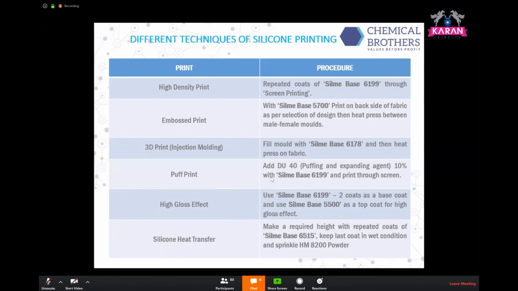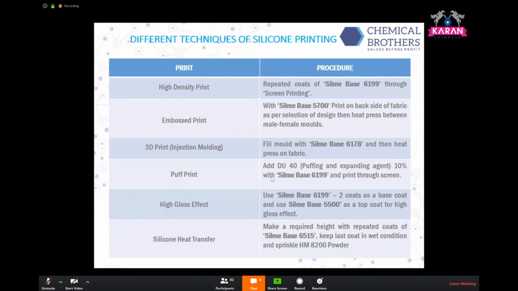If the last coat is wet, the HM powder fully penetrates into that Silme base for proper adhesion on that particular fabric. This product is also used for taffeta print, taffeta fabrics, or many coated fabrics, and the transfers are fully successful on those fabrics because of this HM8200 adhesion powder.